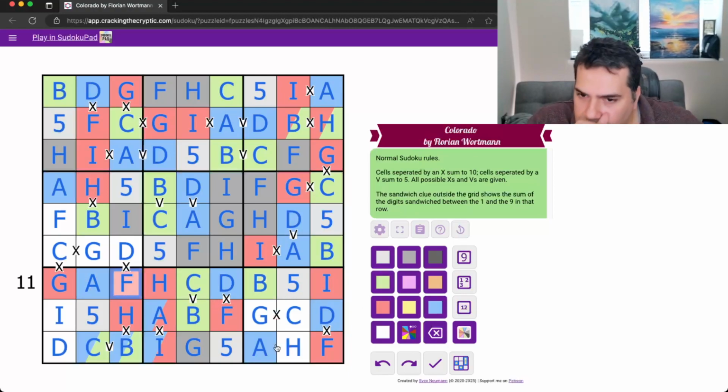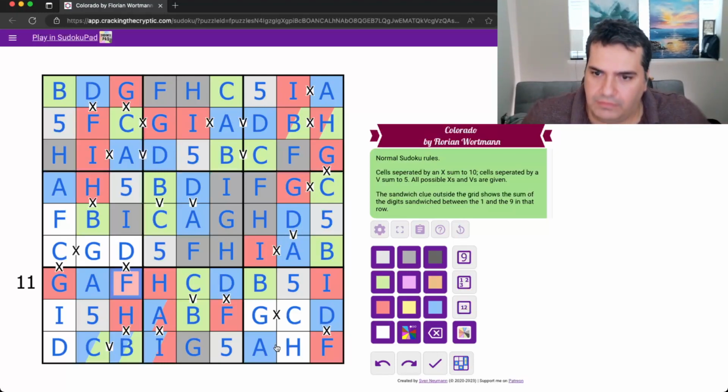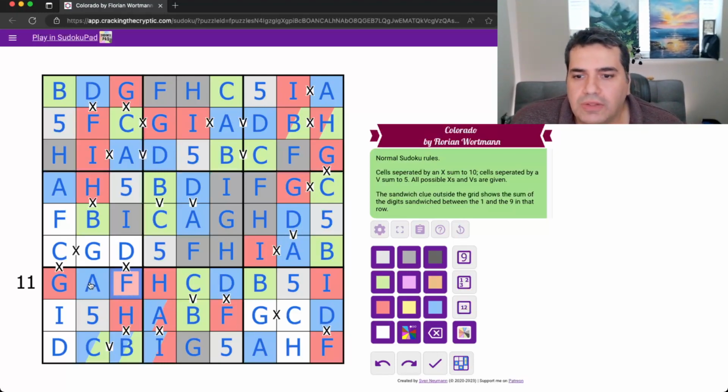Okay, so if we think about number 11, and remember it's a sandwich between 1 and 9, the maximum number of digits without number 1 that we can have that add up to 11 would be 3 digits. Because if we go with 2, 3, 4, and 5, that adds up to 14, which is too many.